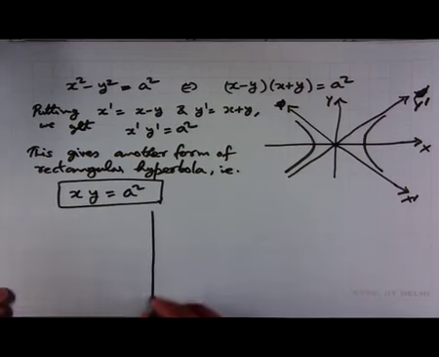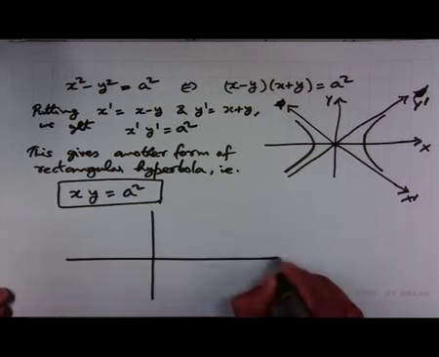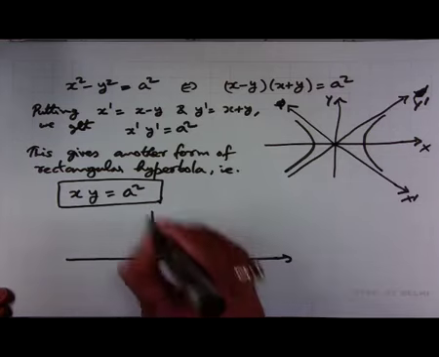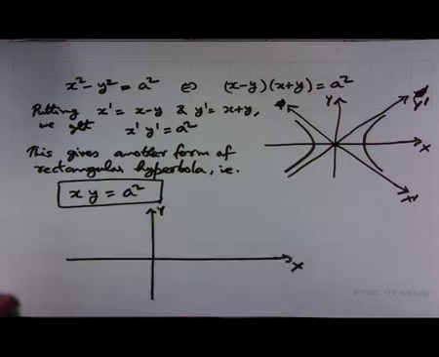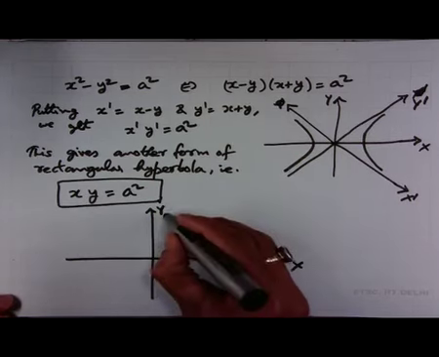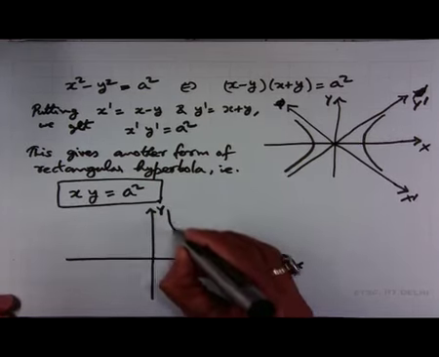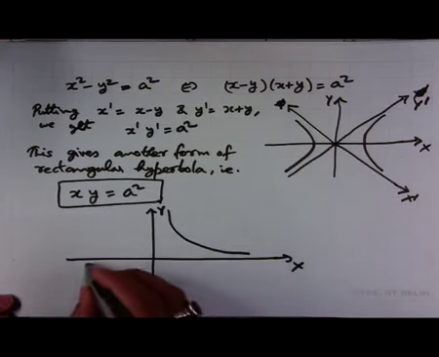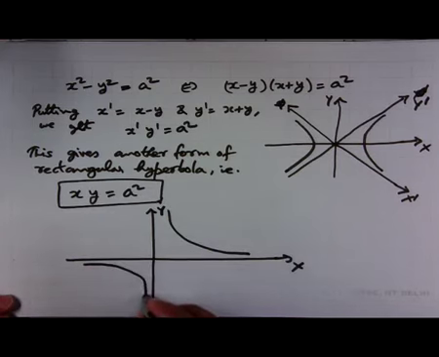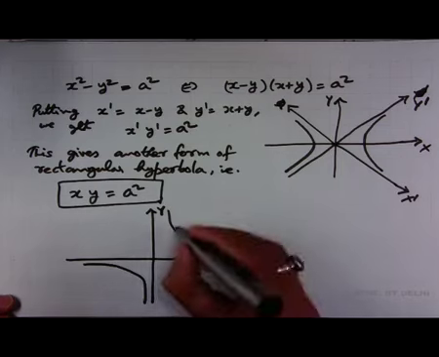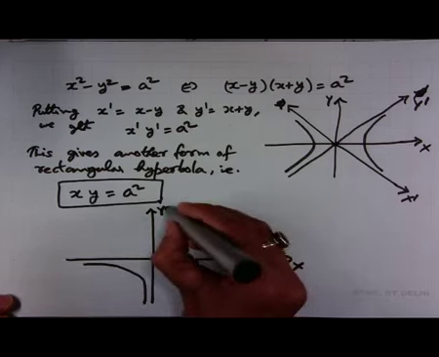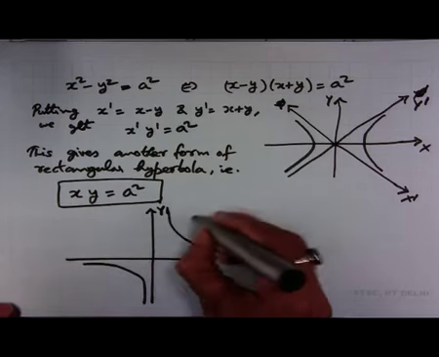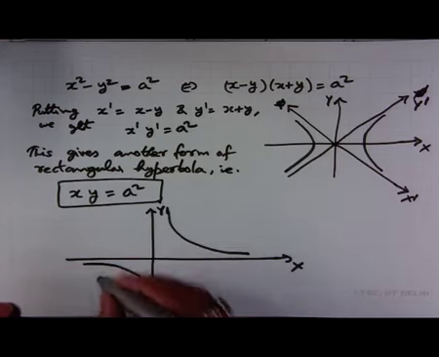If you draw this hyperbola, now the asymptotes will be the x and y axes and the hyperbola is like this. So, this part is y equal to a square by x for x positive and this is for x negative.